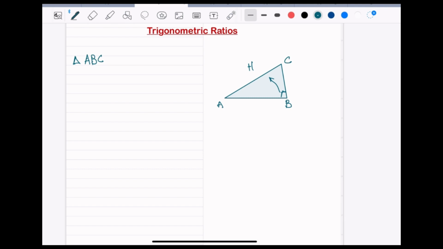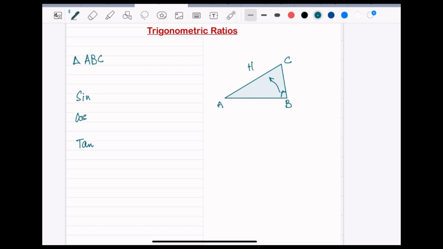Now trig ratios are the ratios of length, and so sine, cos and tan, these are the three trigonometric ratios mainly, and they represent the ratios of a length in a triangle.